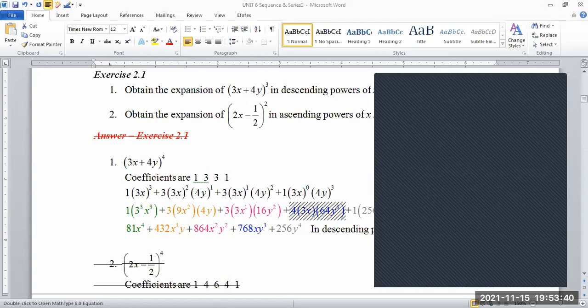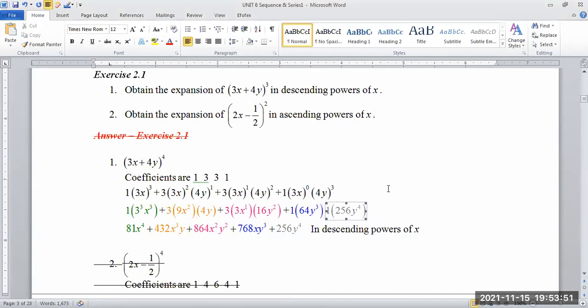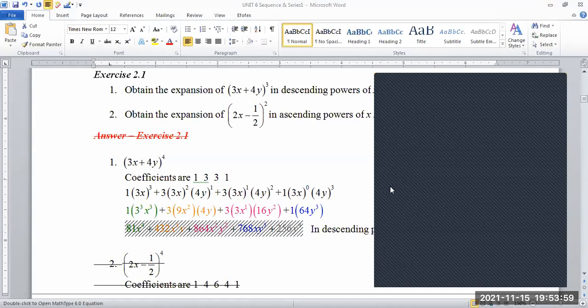Just check to make sure that I have the same thing that you have here. 4 times 16 is 64y cubed. And 3 times 3 is 9, and 3 times 9 is 27, 27x to the third. 3 times 9 is 27, x squared. Oh, 27 times 4 is how much? 108?